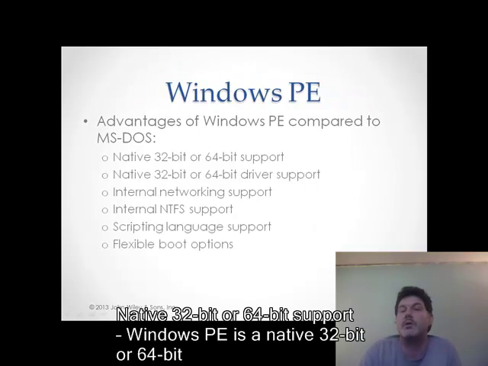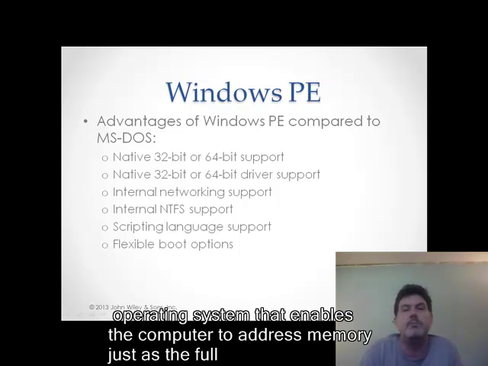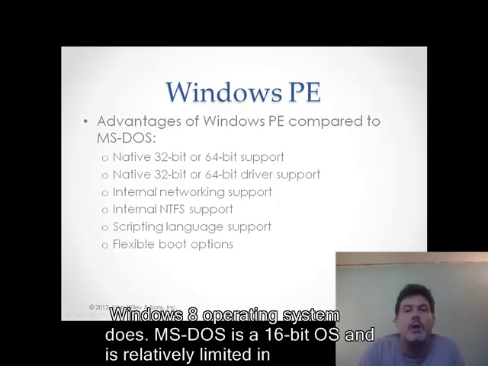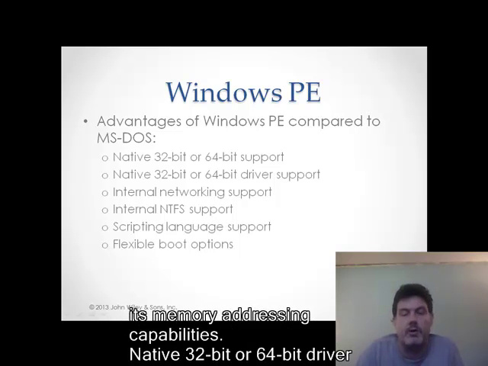There are some significant advantages to Windows PE compared to Microsoft DOS. As I said, DOS was a 16-bit operating system. It was, by the way, created by Bill Gates and sold to IBM. IBM then deployed DOS in its earliest desktop units that came out in the early 80s.